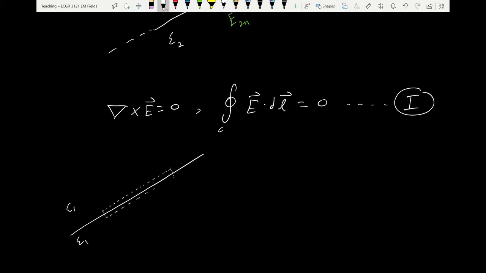So that I can ignore the normal components, because the width of this rectangle is going to capture the normal components. I want to ignore those, so I want to make this width very thin. This is my curve that I'm going to integrate over, and I'm going to take the limit such that this width approaches 0.